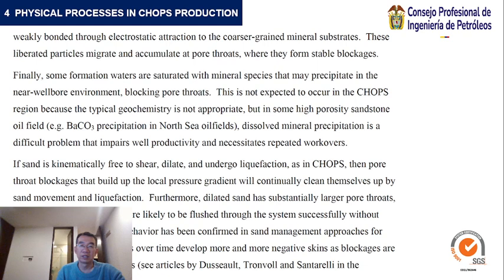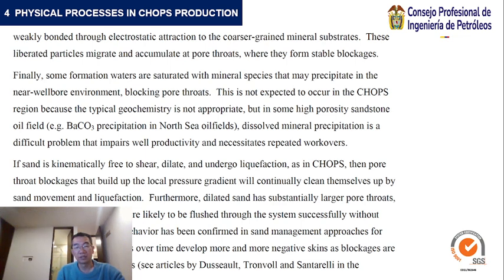Furthermore, dilated sand has substantially larger pore throats, and liberated materials are more likely to be flushed through the system without generating blockage. This behavior has been confirmed in sand management approaches for high-rate oil wells.